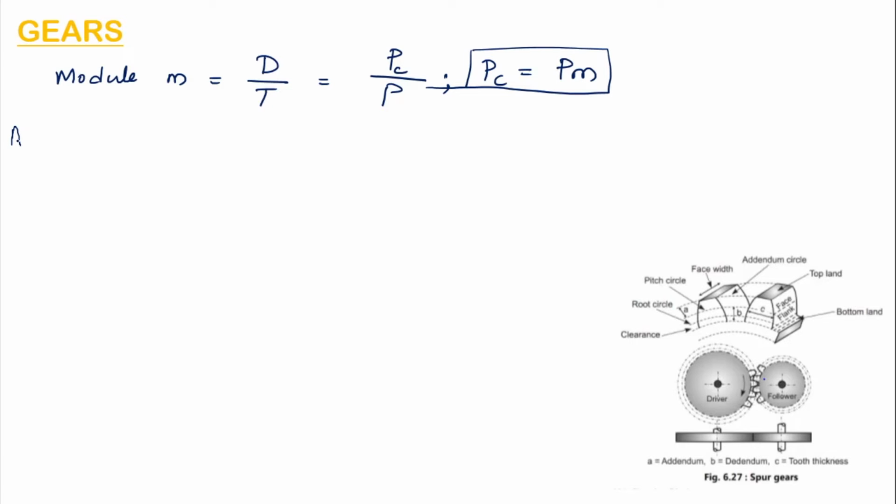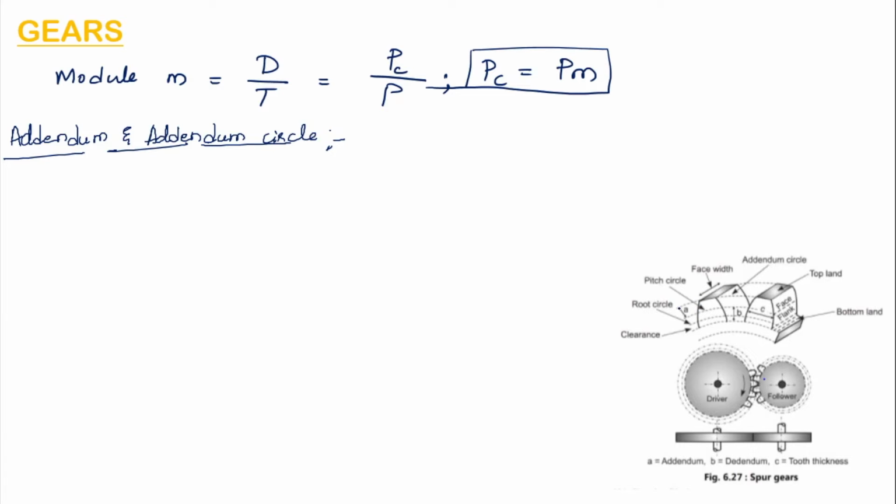Then we will discuss addendum and addendum circle. So addendum can be defined as the radial distance of the tooth from the pitch circle to the top of the tooth.